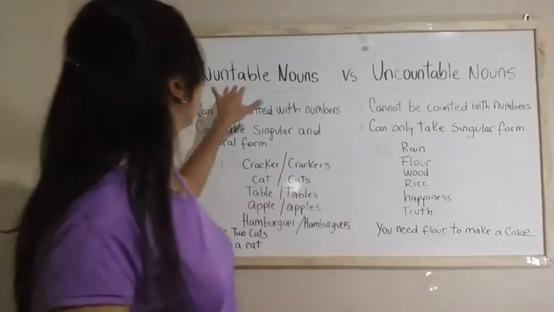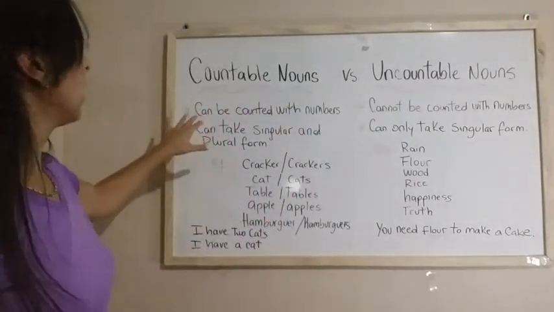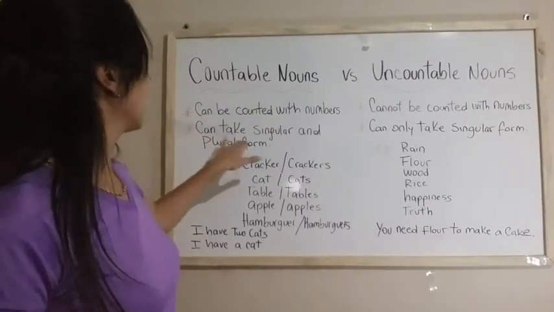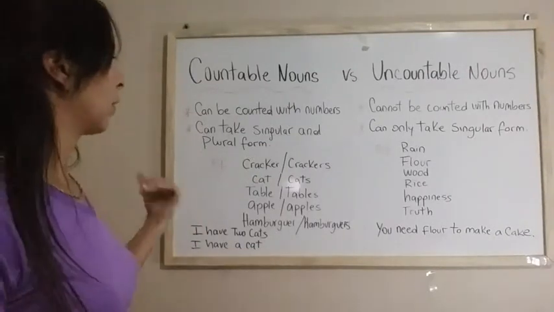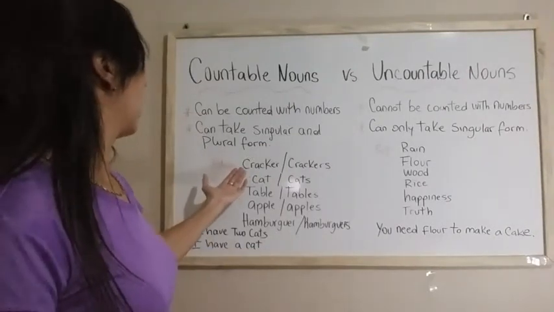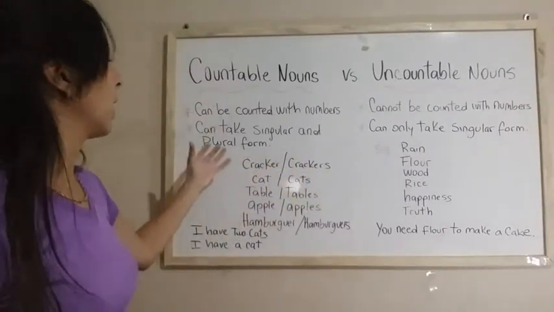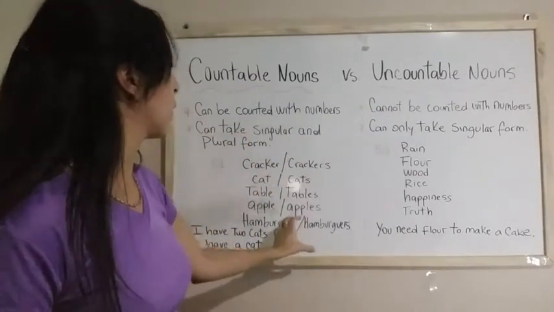We have the title, countable nouns versus uncountable nouns. Countable nouns can be counted with numbers and can take singular and plural form. What does it mean? For example, cracker and crackers can take the singular or the plural form.